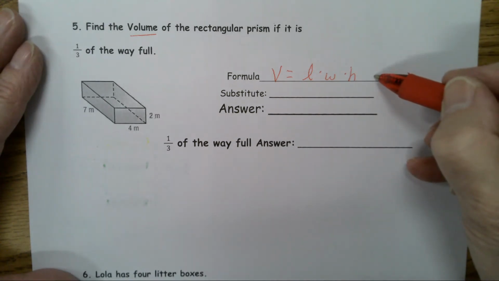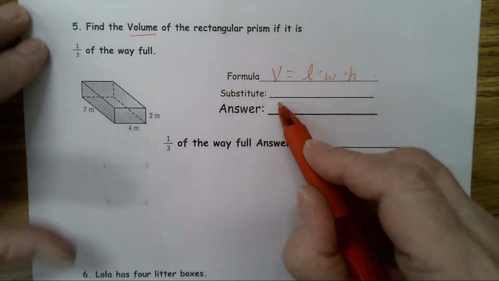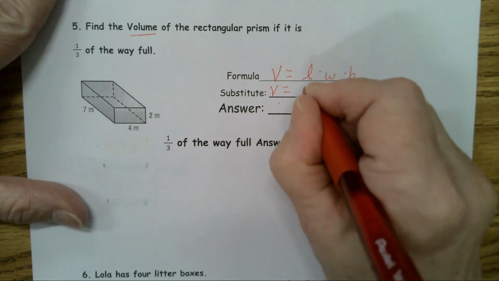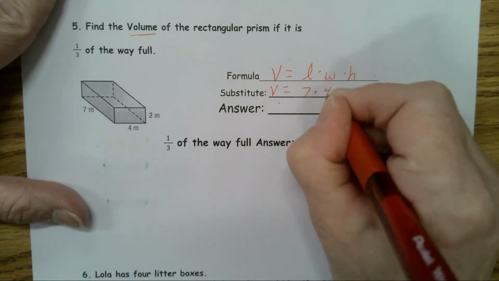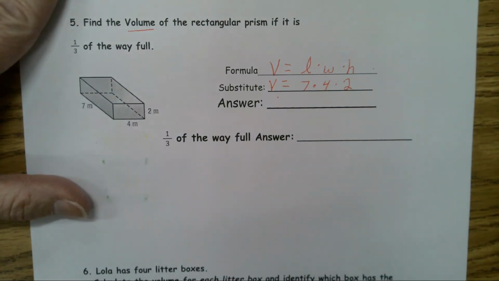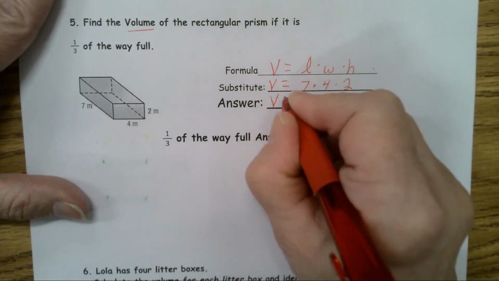Everyone can write down the formula, especially if it's written on the board, right? Everyone can substitute. Volume equals 7 times 4 times 2. If you put 2 times 4 times 7, that is still correct, okay? It doesn't matter the order because they're all multiplying, and that's the commutative property.